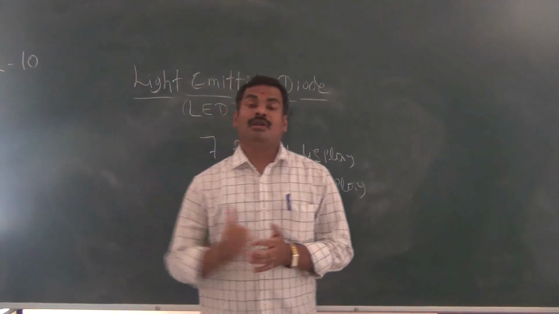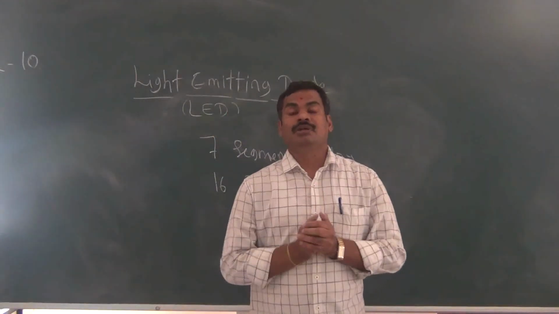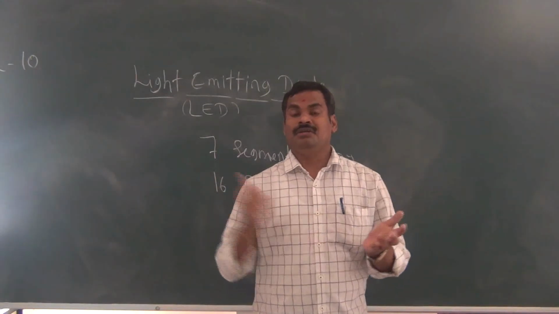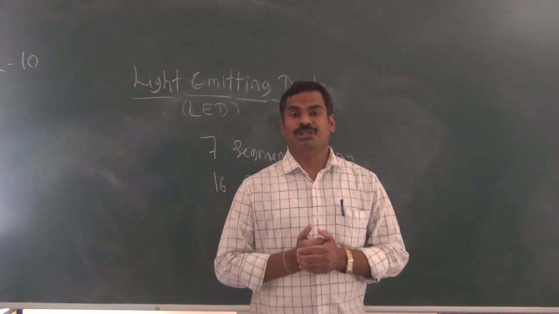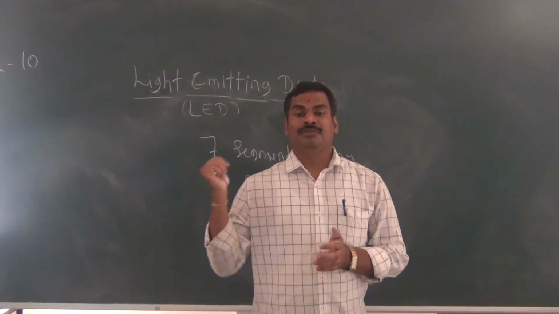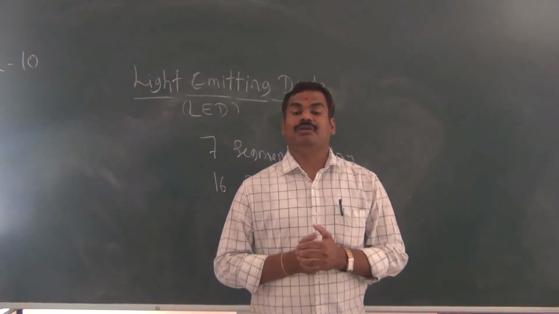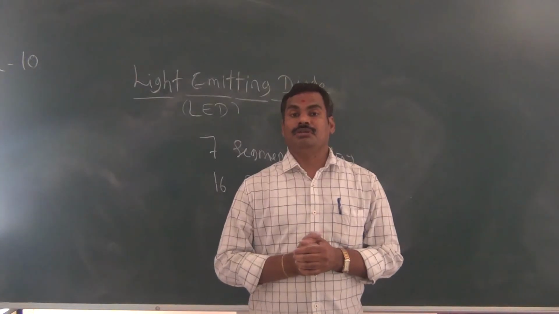That is why it is called a light-emitting diode. The emitted light depends upon the applied voltage: as you apply more voltage, more light is emitted. This is in brief about your LED.